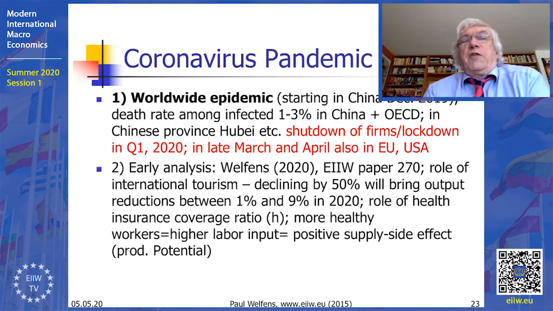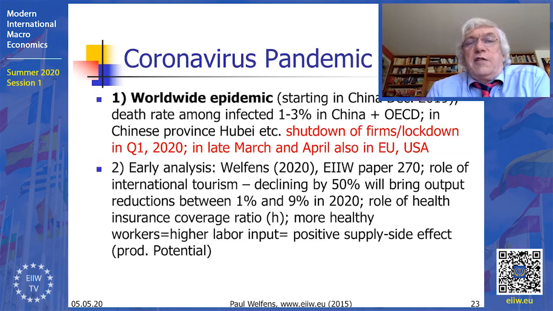Okay, with the coronavirus epidemic, we have an interesting analytical challenge. It all started in China in December 2019. The death rate among the infected is 1 to 3% in China and the OECD.